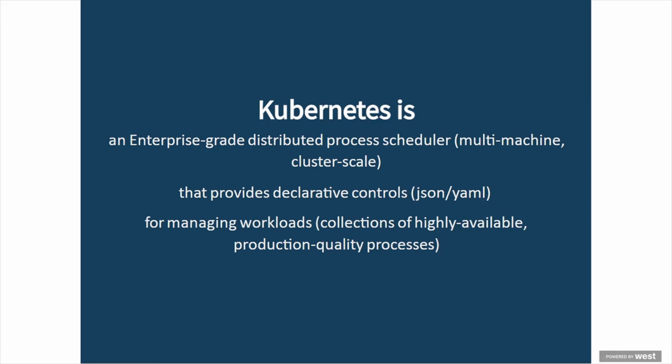You can manage collections of highly available production quality processes using really efficient tooling and hopefully reduce the amount of code that you have to write over time when dealing with these complicated distributed solutions.